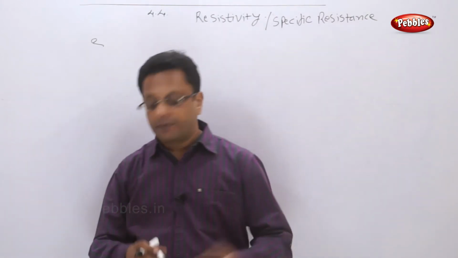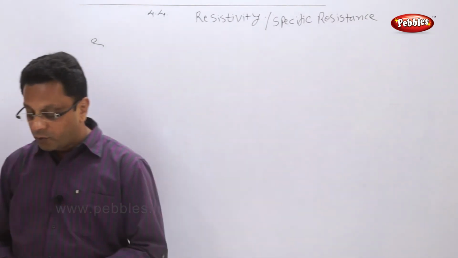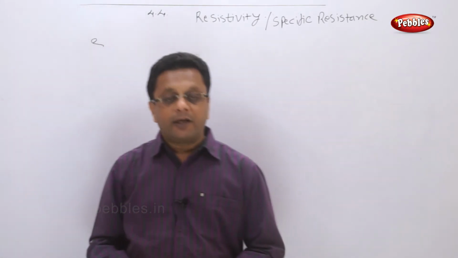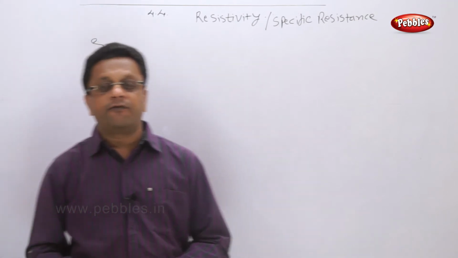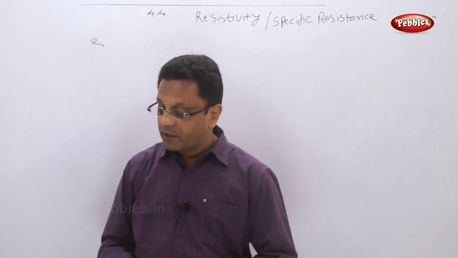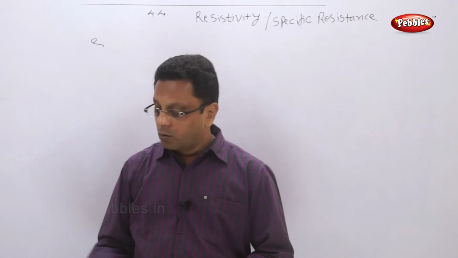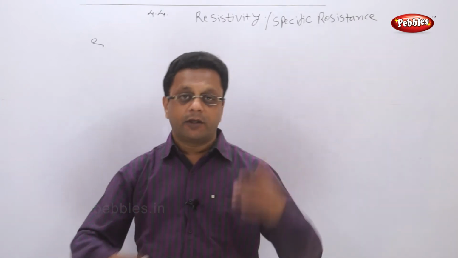Now table 4.2 will give you the values of rho, or the resistivity, for different metals or materials. I am just going to tell you the highest and lowest.